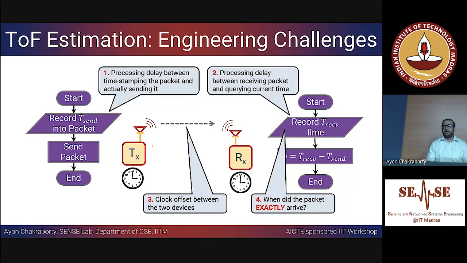Number four is that we are trying to clarify our inability to apply points 1 and 2. Instead of explicitly time stamping the packet, is there any mechanism that can give us a very good idea about when the packet exactly arrived, in the granularity we anticipate, around nanoseconds?